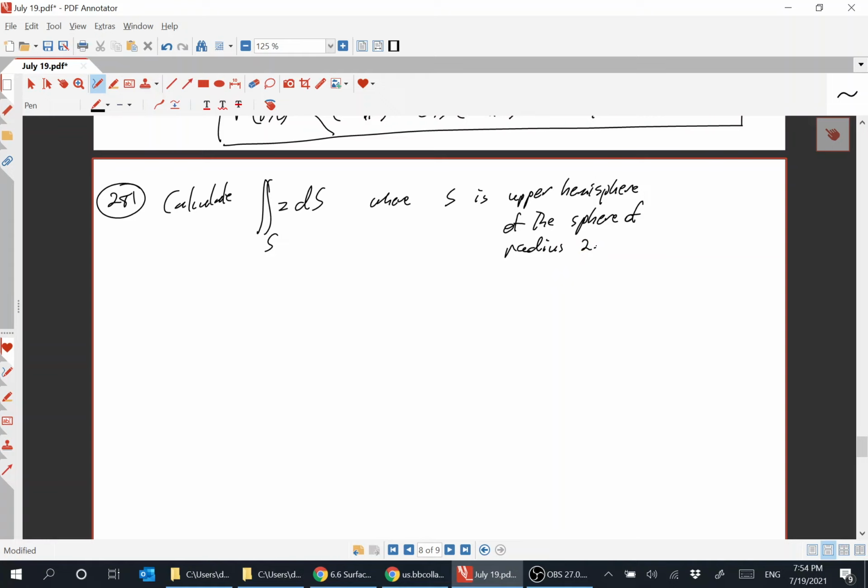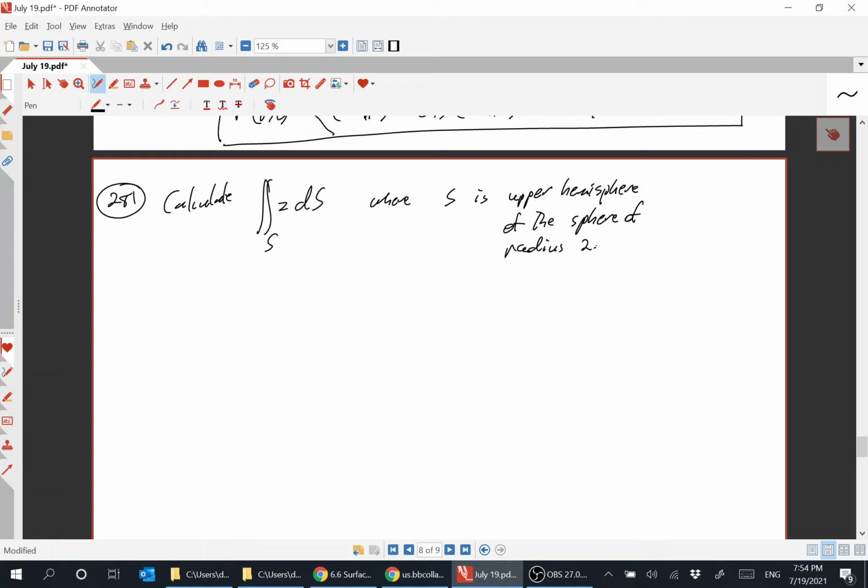Okay, so the first thing you need to do is to get a parameterization for that upper hemisphere. There are different ways to do it. What do you guys think? There's one choice that's kind of natural, although I believe the calculation is going to be real nasty. Well, the calculation's nasty this way too.